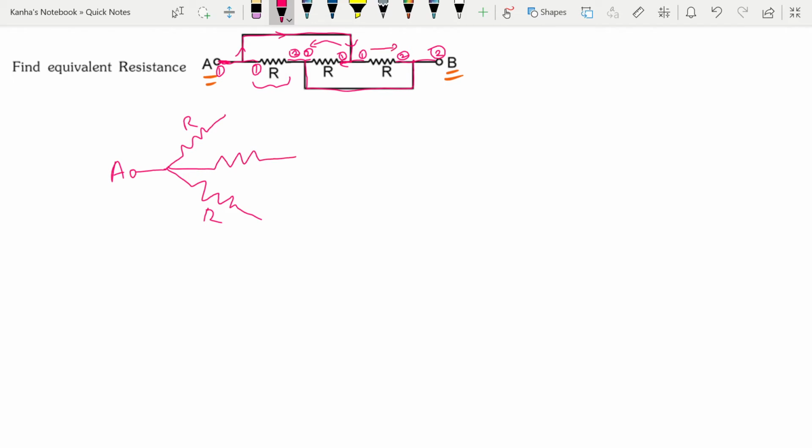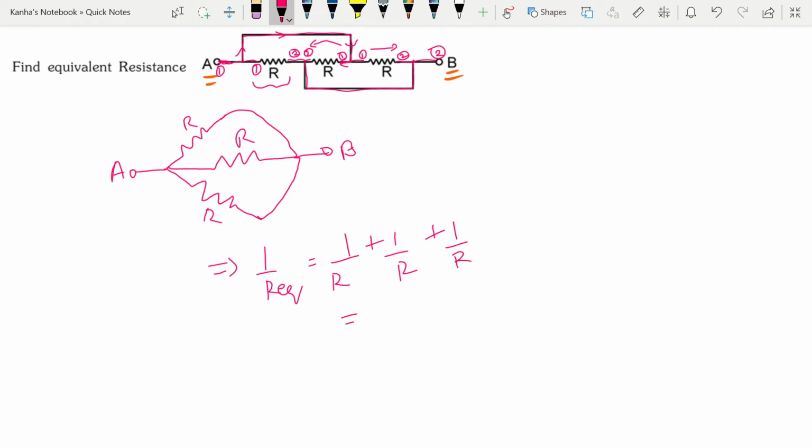Okay, so what do I see here? This is nothing but 3 resistances in parallel between A and B. And what happens if you have 3 resistances in parallel? You get 1 by R equivalent is equal to 1 by R1 plus 1 by R2 plus 1 by R3, which is equal to 3 by R. That implies R equivalent is equal to R by 3.